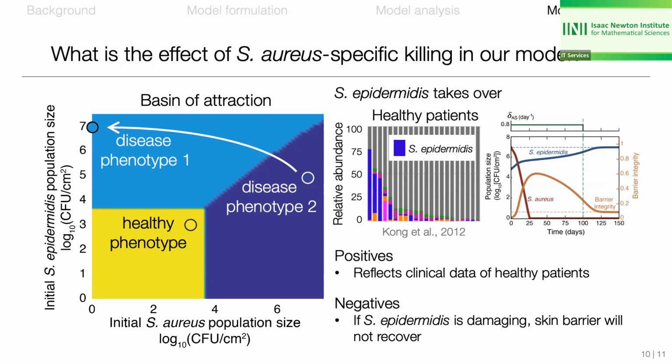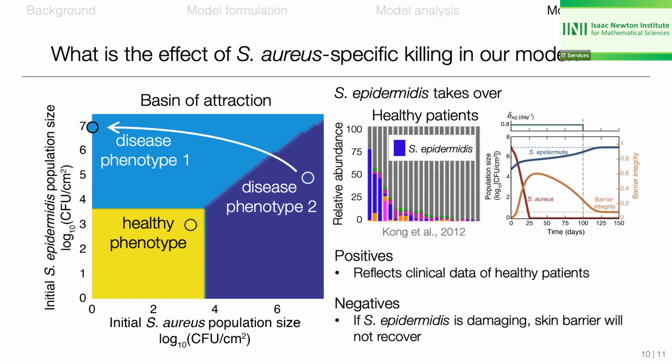So something that we're interested in is developing therapies that target S. aureus, but also address the fact that other pathogens could overgrow and damage the skin barrier, such as in the case of S. epidermidis. That's something that we'll look at next.